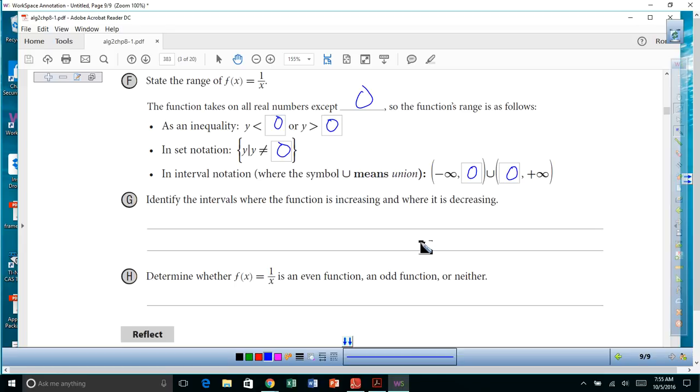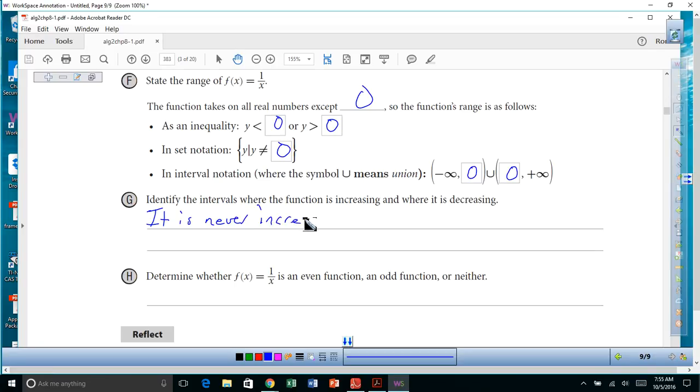G, identify the intervals where the function is increasing and where it is decreasing. Well, this function is never increasing.